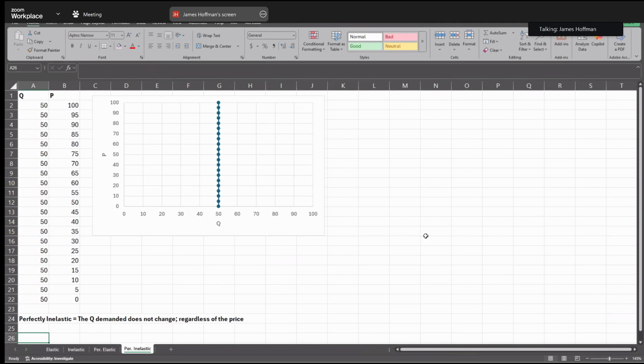Well, I mean, apples at a farmer's market. So the demand doesn't change regardless of the price. Correct. The price changes by all different amounts, quantity demanded doesn't change. Percent change in demand is zero.